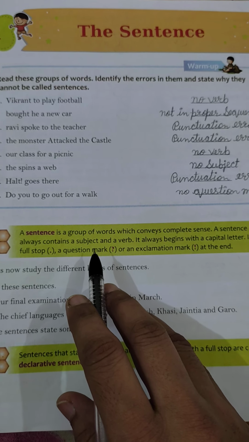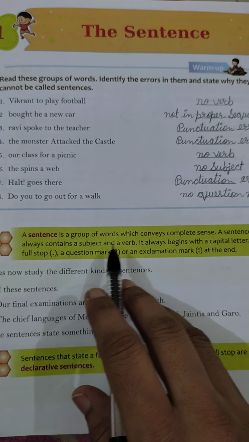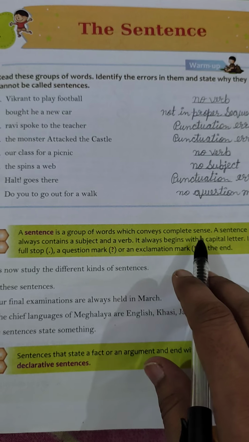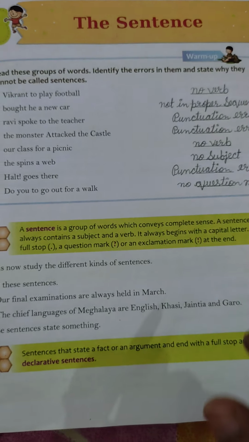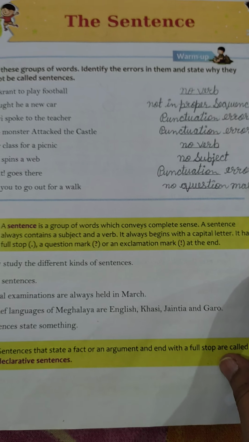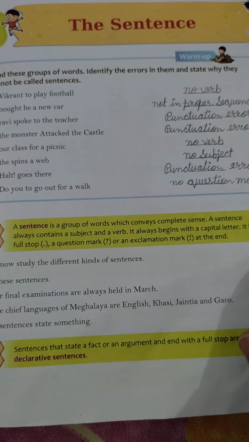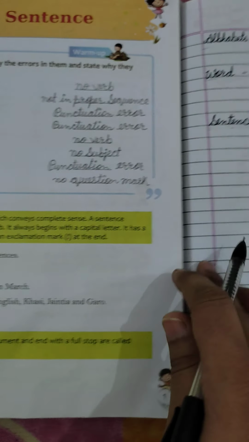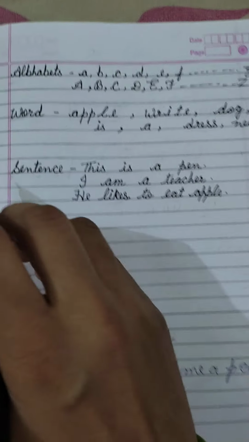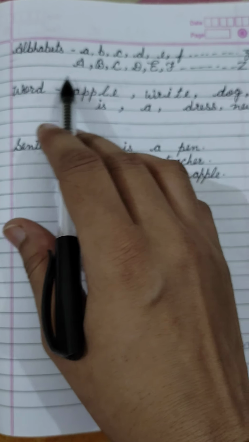Basically a sentence is a group of words which conveys complete sense. So I would like to tell you the basic thing: where the sentence came from and how it is made. Look, first of all, do you know about alphabets?